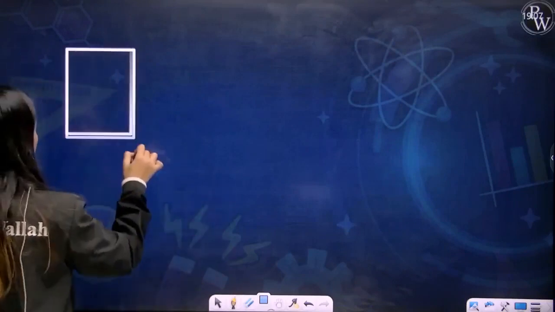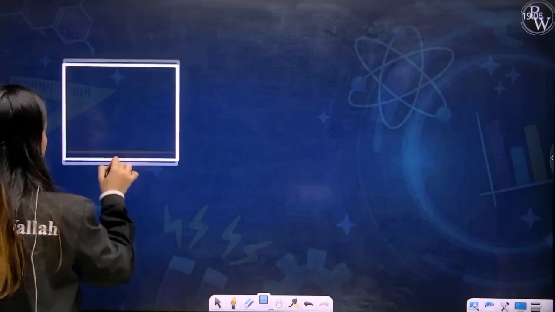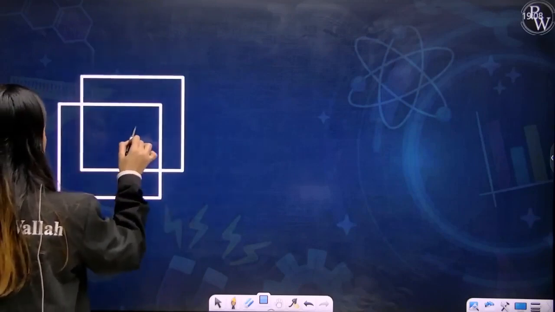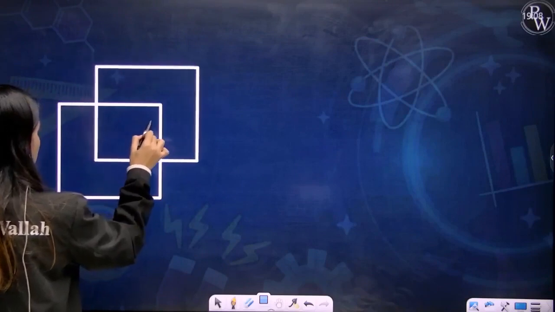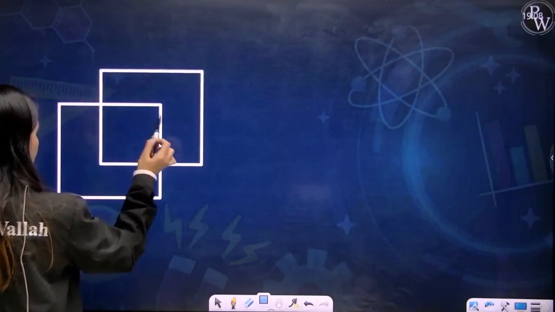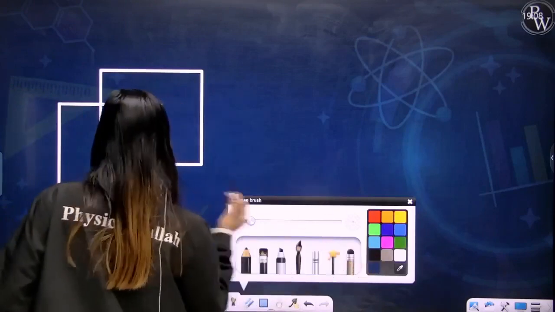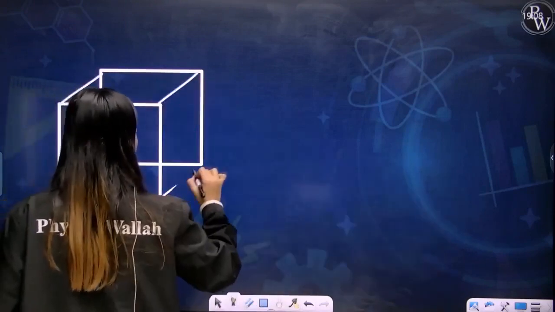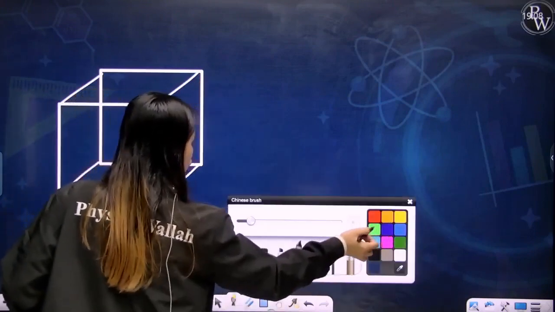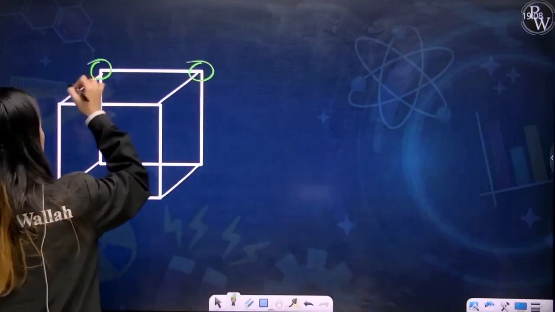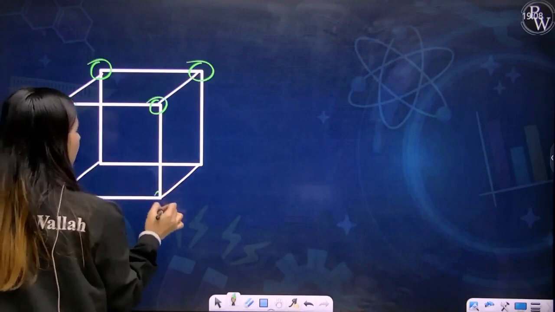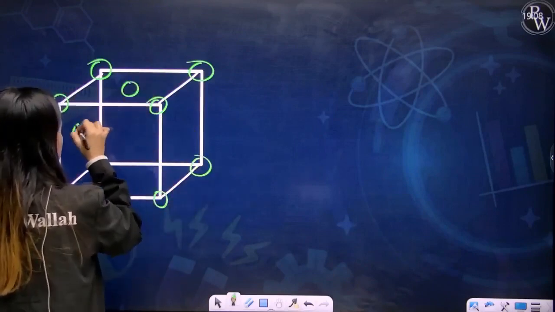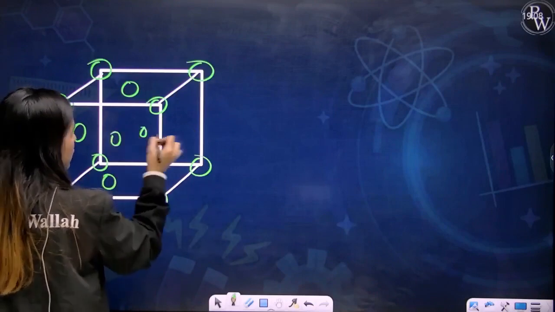Again, we need a unit cell. So this is the unit cell. In a face-centered unit cell, my dear students, the atoms are present at corners and face centers. So it will be present here also, here also, here also, and here also.